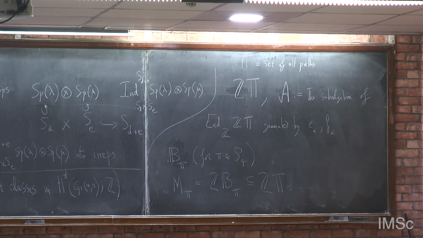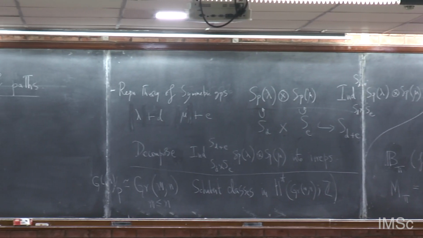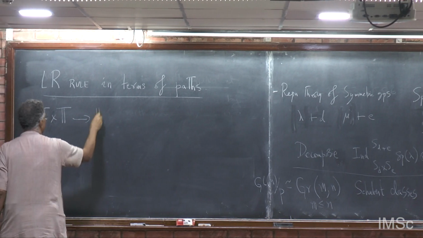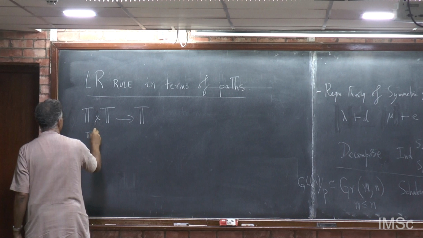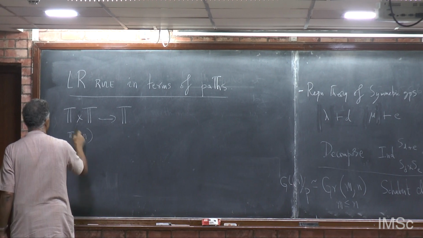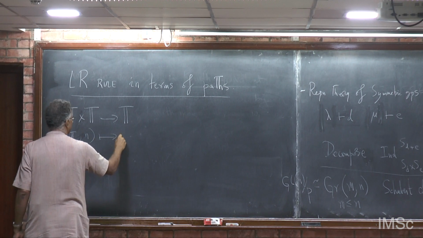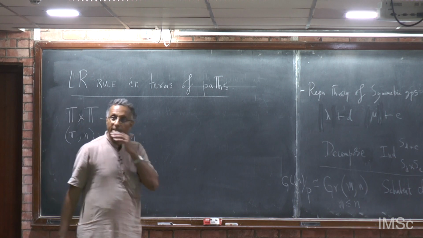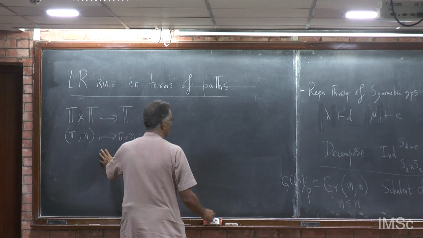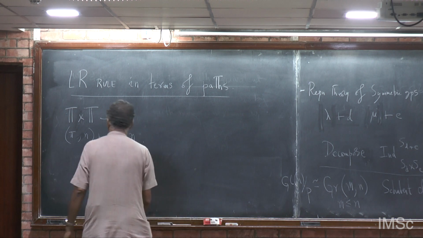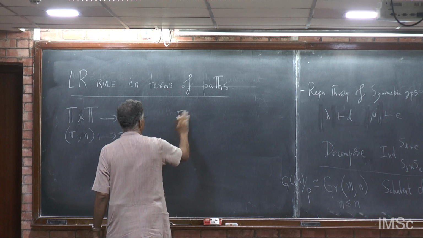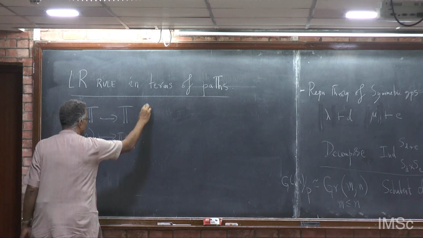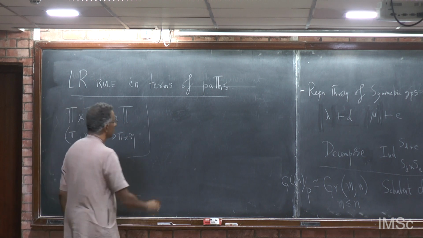So some more trivialities. One more triviality is that there is this map, pi cross pi to pi. I have this pi comma eta going to pi star eta. So let me take pi. Now one more bit of notation before we can state the theorem.